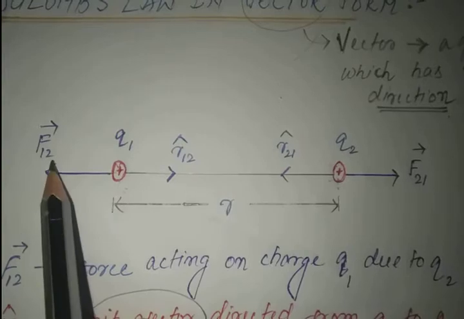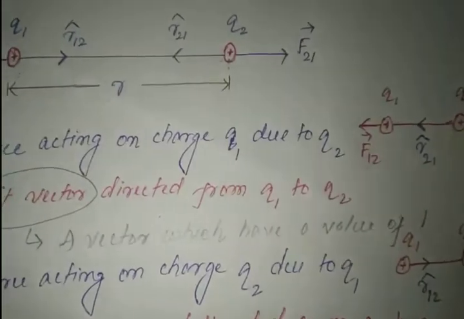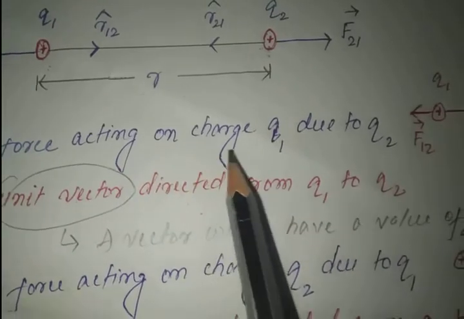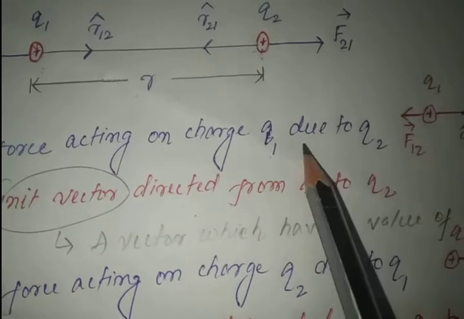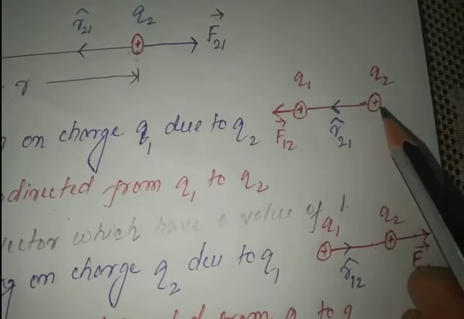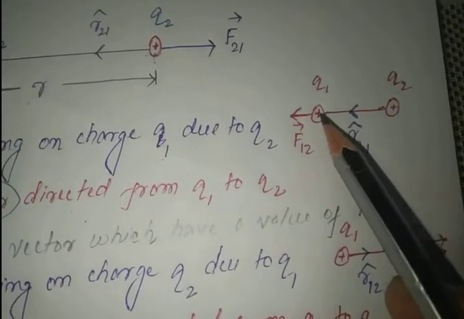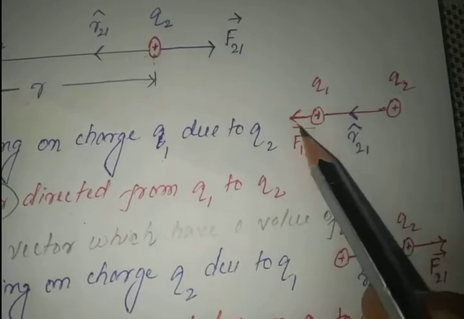What is the F12 vector? F12 vector is the force acting on charge Q1 due to Q2. Q2 is repelling charge Q1 along this direction.